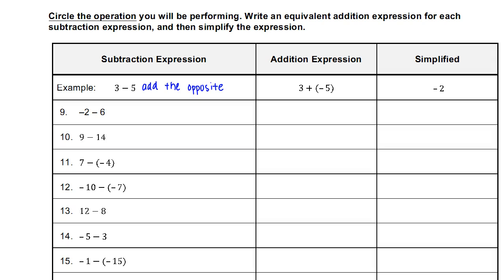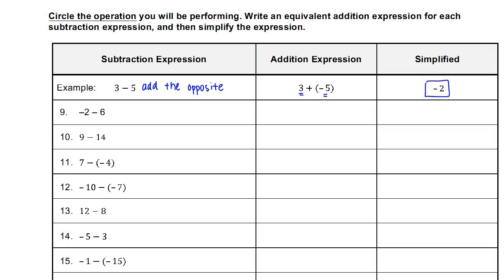Once we have it as an addition expression, we can think to ourselves, these 3 positives will take 3 of those negatives to form 0 pairs, and that's going to leave us with 2 negatives. So our answer is -2.